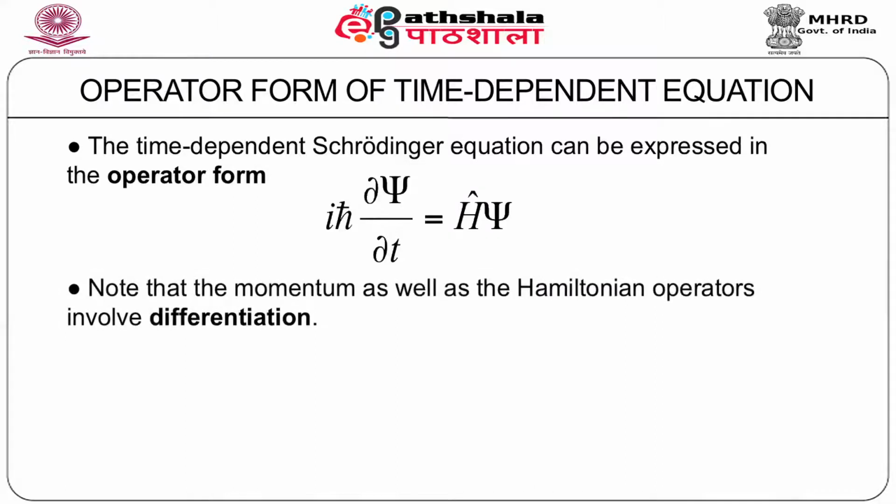So it is important to note that in quantum mechanics, some dynamical variables like momentum behave like an operator, and H really is the energy operator, which is called the Hamiltonian operator.